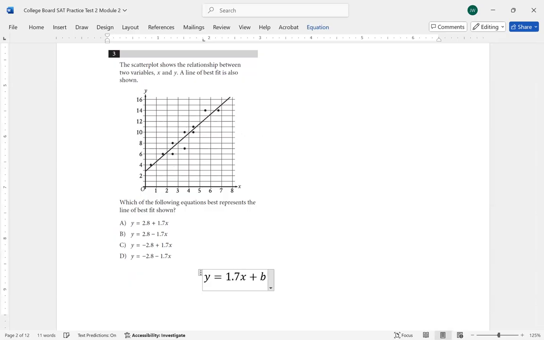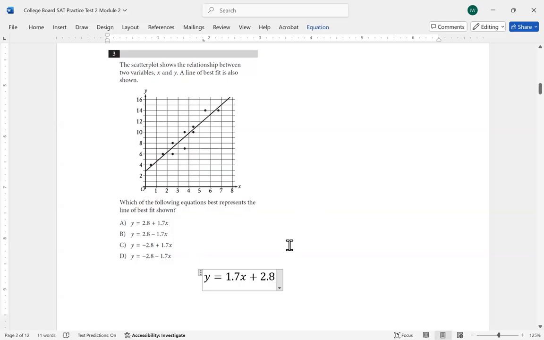The b value is the value of the y-intercept, and that is just under 3 for this line. And the actual numerical value we're seeing there is 2.8. Now, this is a positive 2.8 because it's above the origin. So y equals 1.7x plus 2.8 would be the correct answer.